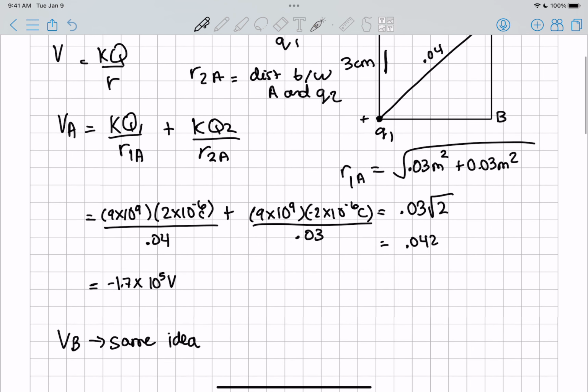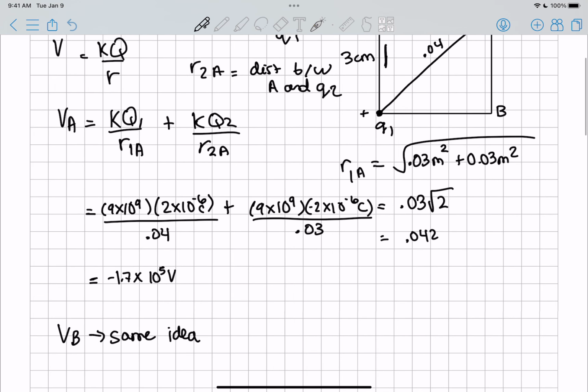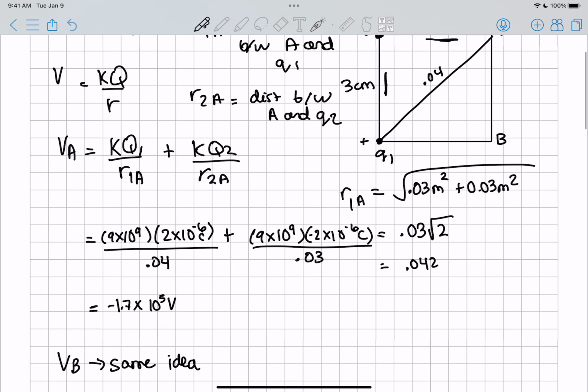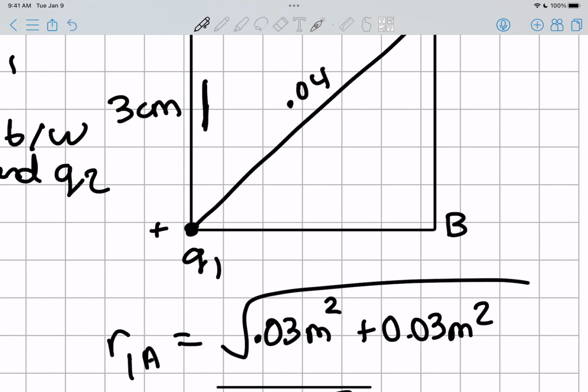So once again, it would be like KQ1 over R1 plus KQ2 over R2. But now it's the distance between B and Q1 and B and Q2. So B and Q1, what would be the distance between it?